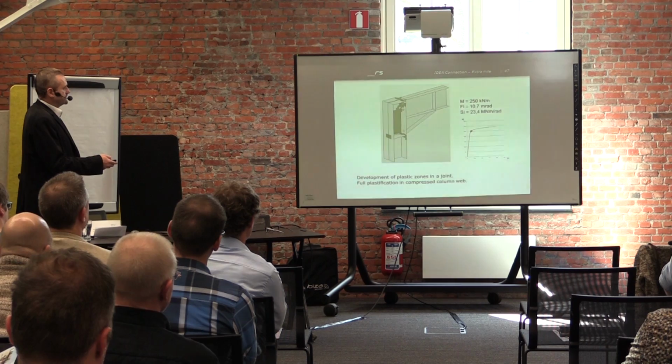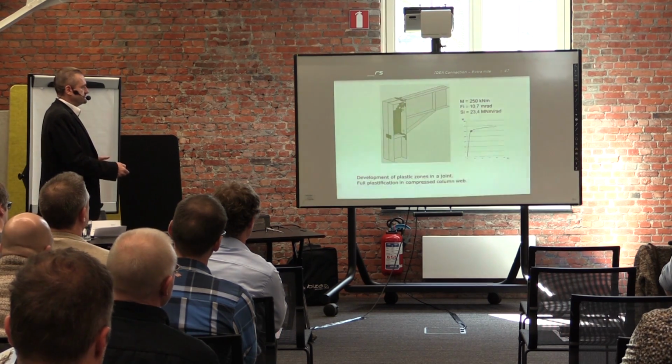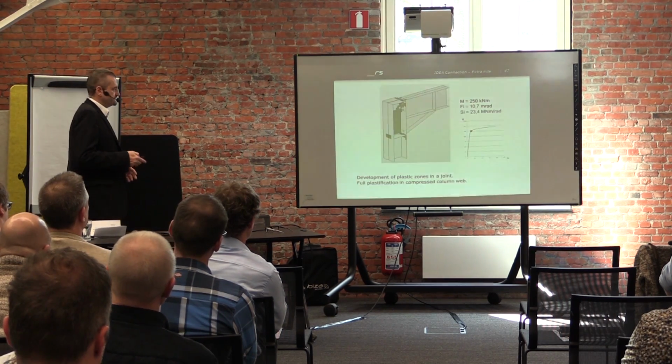Again, 180 in the web, there is now more development of plastic zones. Now we are at 220, and you see the web is plastified a lot. Then 250, and the plastification is now much faster.